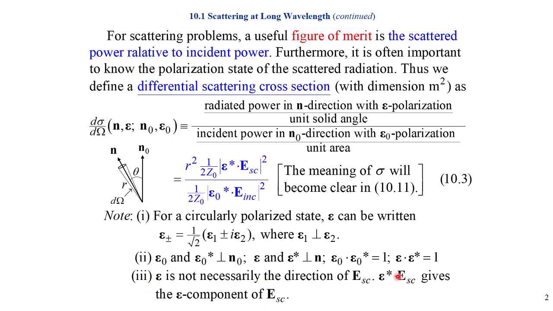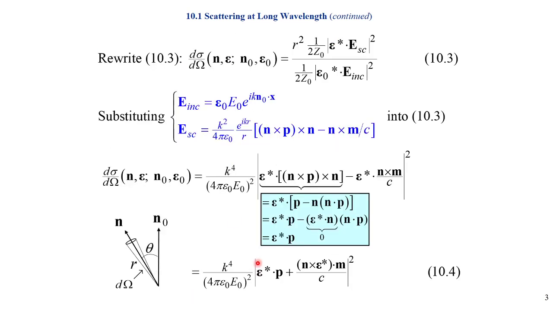Epsilon star dot E gives the E components, the scattered electric field in the epsilon direction. I will give you a more detailed analysis. From these definitions, let me write it again.